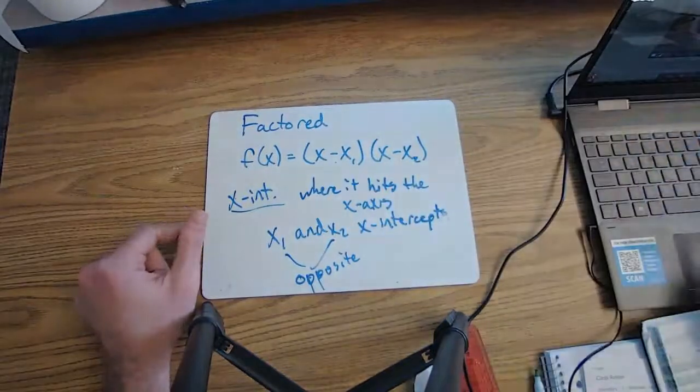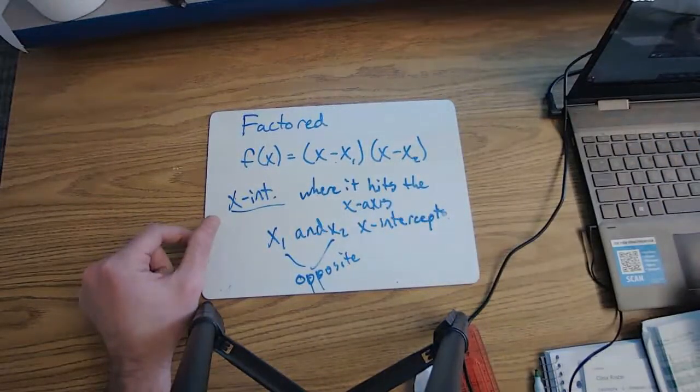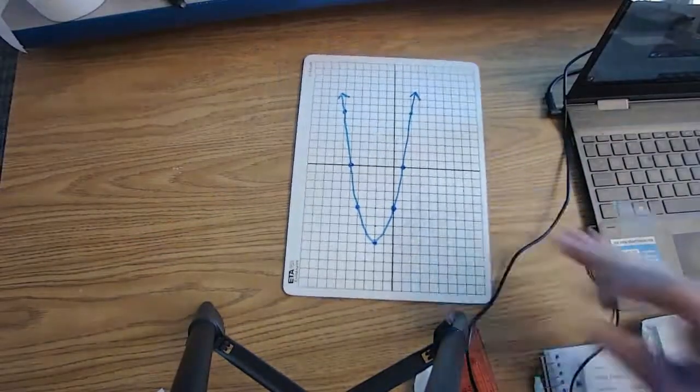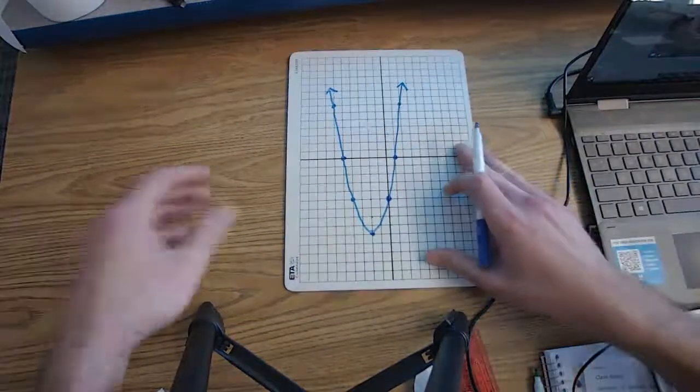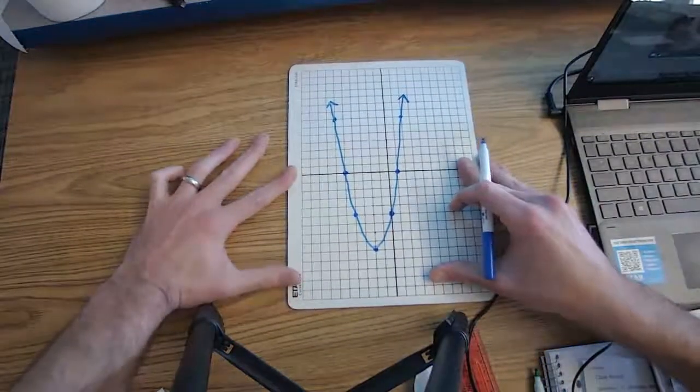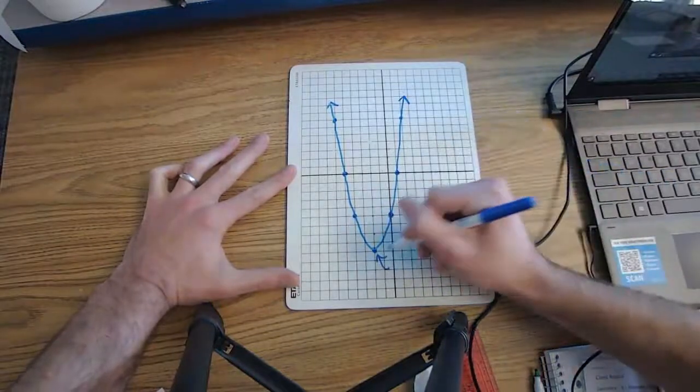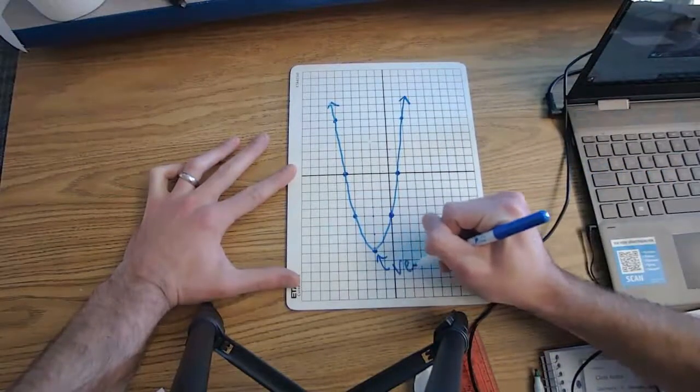All right, so let's take a look at our example from the beginning. Okay, and let's just label the few points that we see here. Okay, so first off, we have our vertex.